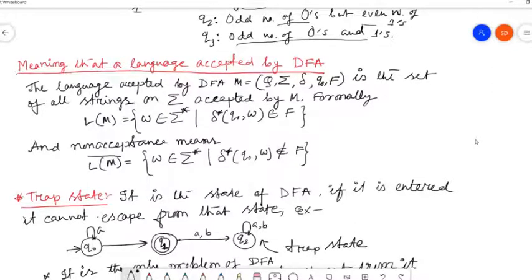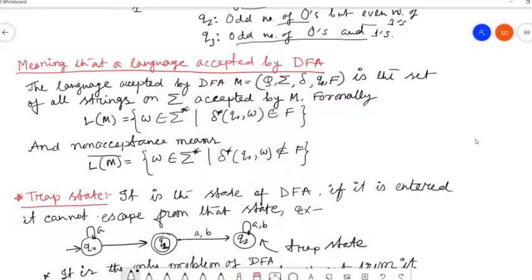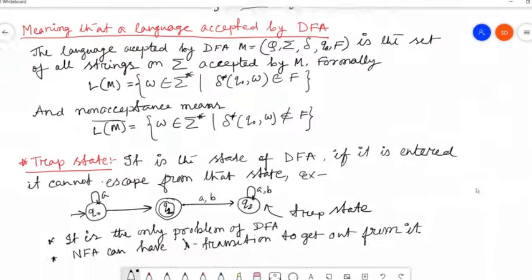And eventually we can say that the language that does not accept the string will be the complement of the language of N, all the strings which will not be accepted by the acceptor.